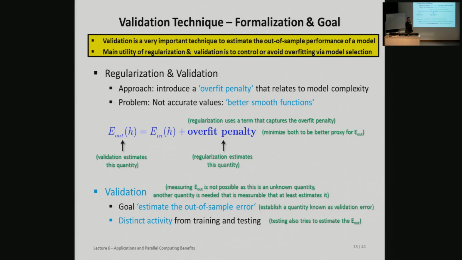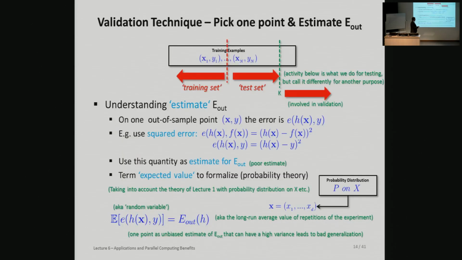It's not the actual E-out anymore, right? The actual E-out is something we will never know, because it will be unseen data that comes in the future. But what we will do is have an estimator, an estimated out of sample. Now the problem, which I already alluded to in the overview, is that we have just a couple of samples, right?